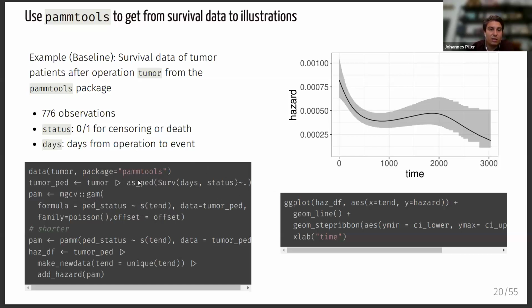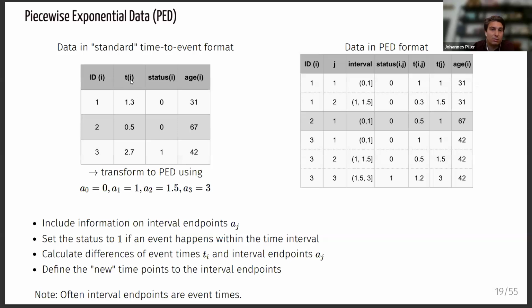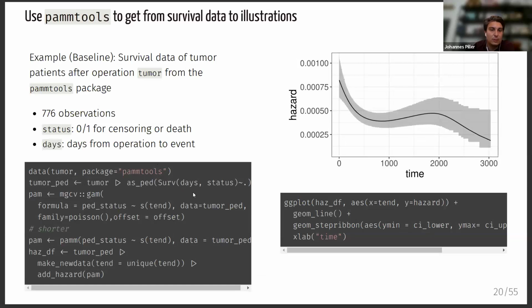And if you don't specify further what interval endpoints you want to take, it just takes per default the time points you have in your data, for example, in this case, it would be 1.3, 0.5, and 2.7.